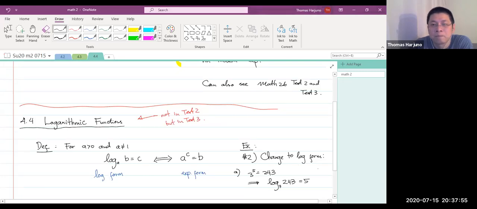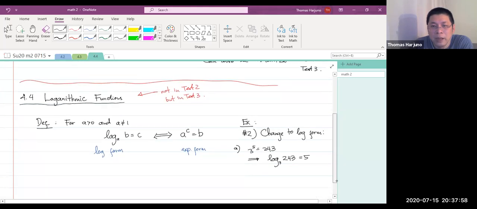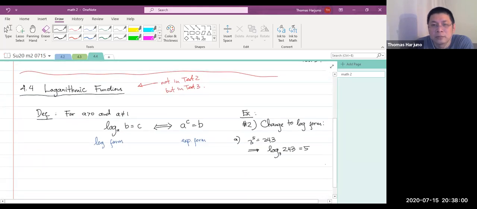The base, and the argument, we call this the argument. The argument of log is the result of 3 to the 5th. I use color; I hope it can help you see the position and how they transform into log form.